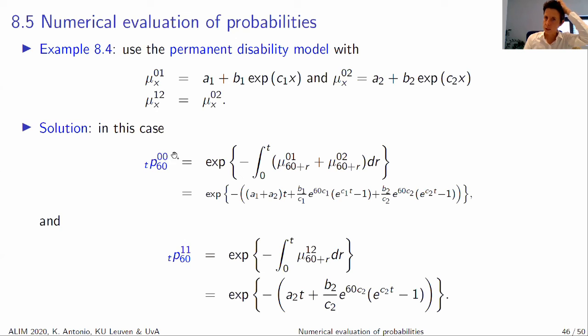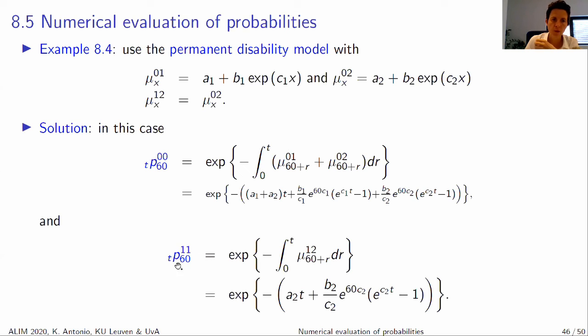So I want to calculate the same probabilities. TP6000, that's the same thing. I need to take the exponential of minus the integral of all the transition intensities, which are applicable to somebody in state 0, right? But now, of course, I've got more complex formulas, so I have to plug in these functional forms that I have over here.